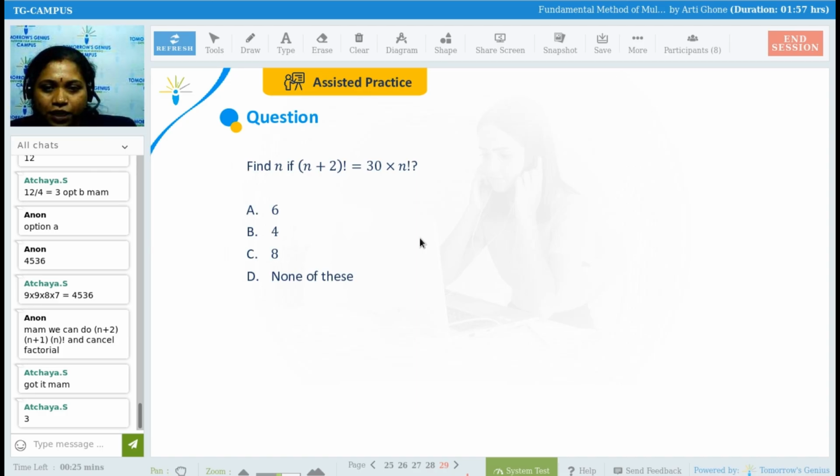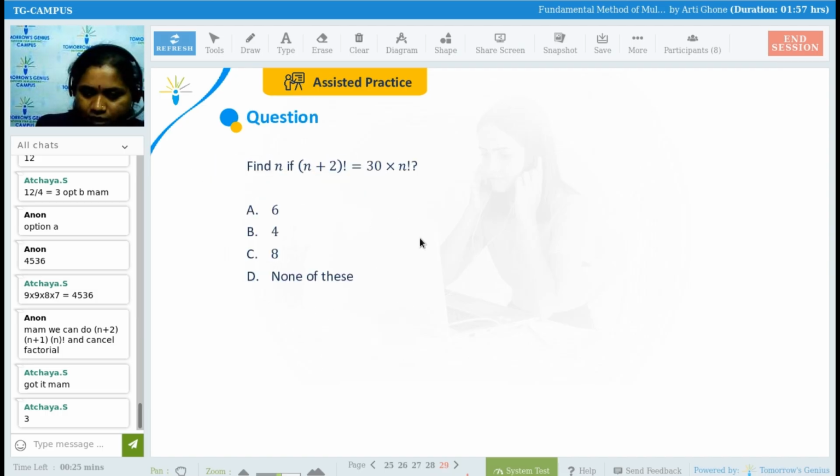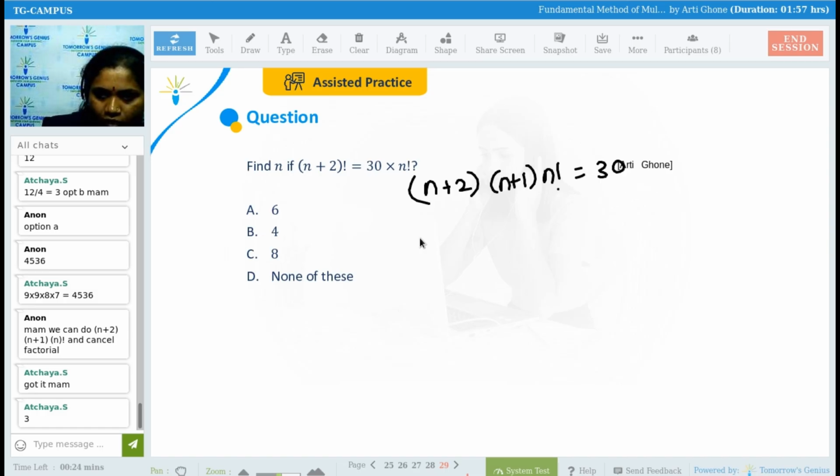N plus 2 factorial is equal to 30 into n factorial. Do it. N plus 2 will be resolved as n plus 2, n plus 1, n factorial is equal to 30 into n factorial.